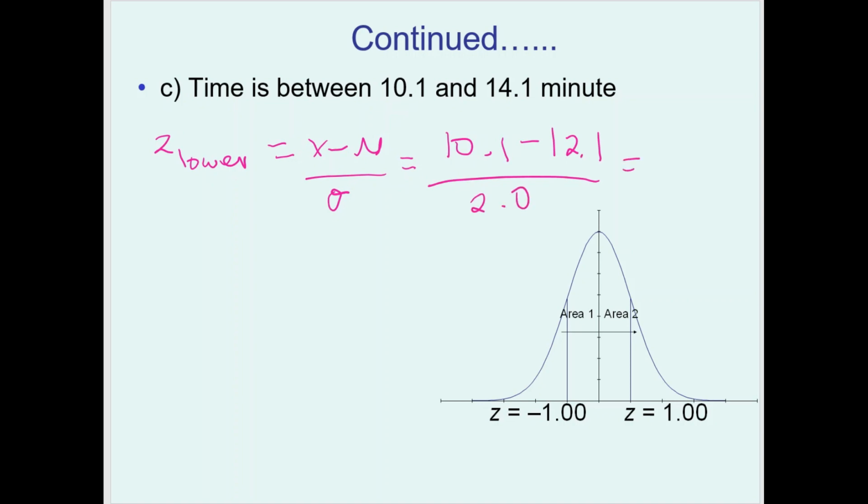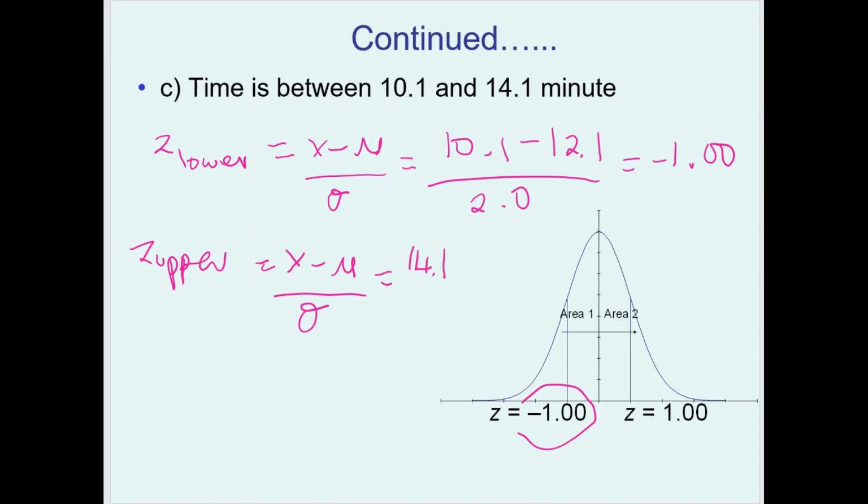So you should be getting negative 1.00. So z lower is negative 1.00. Then z upper equals x minus mu divided by standard deviation, equals 14.1 minus 12.1, divided by 2, which equals 1.00. So you look here in between negative 1 and positive 1 for the x values of 10.1 and 14.1 minutes.